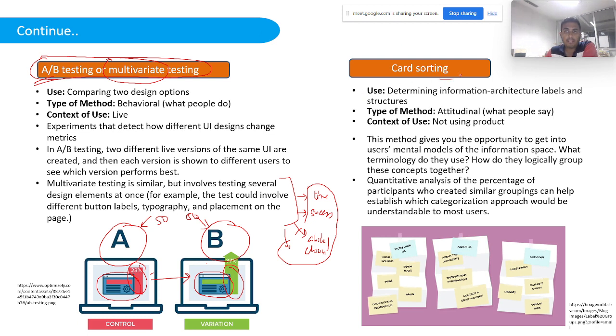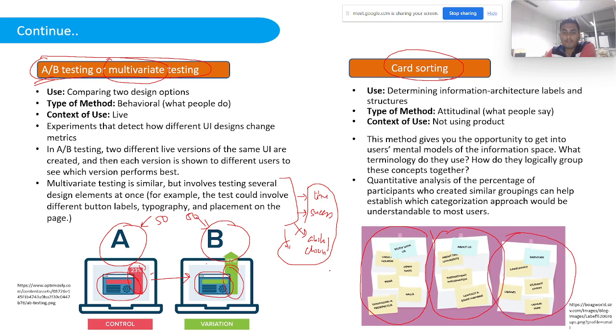Next is card sorting. So card sorting we already discussed in our qualitative user study research in class, but we can also use card sorting for quantitative measurements. So basically, here we look for the frequency of categorization.